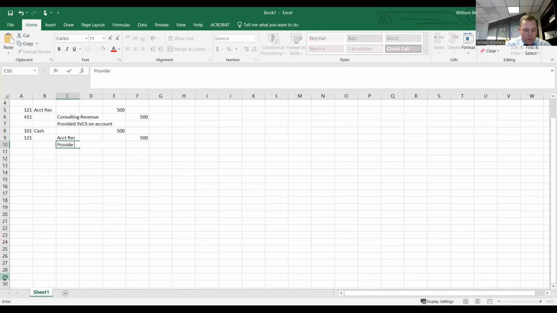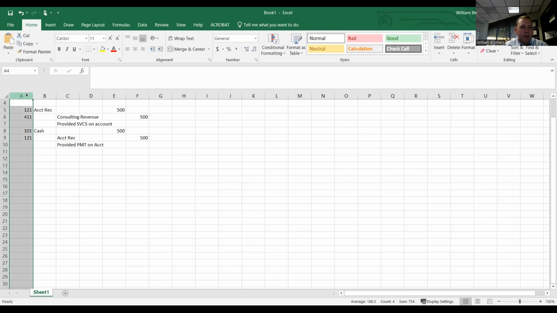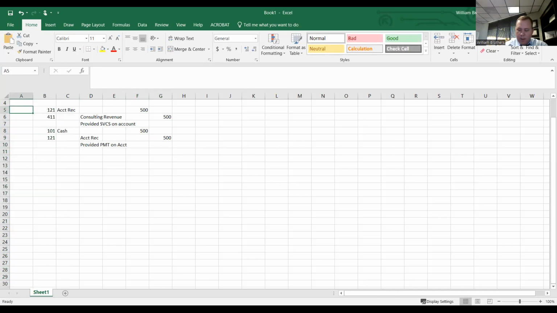Description: payment on account. And let's date this. Let's say the first transaction happened on 12/1, and maybe they came in and made a payment on 12/15.